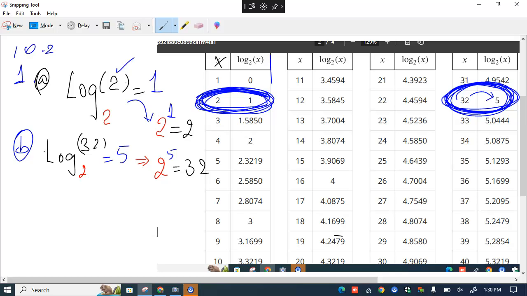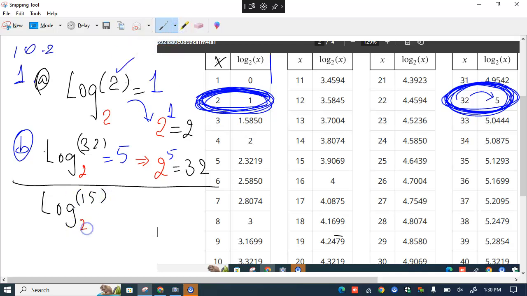So you can write it in your own English words also. So 5 is an exponent that, when raised to the base 2, gives 32 only when the exponent is 5.